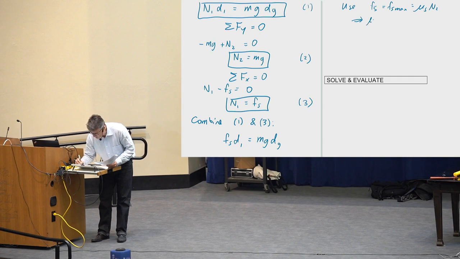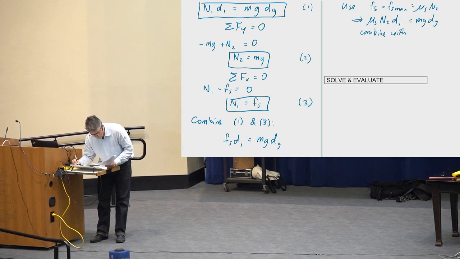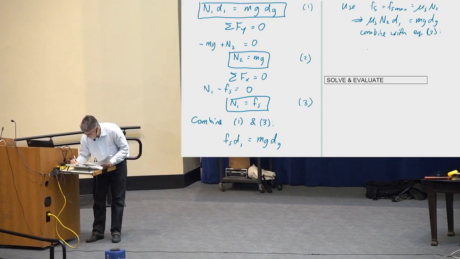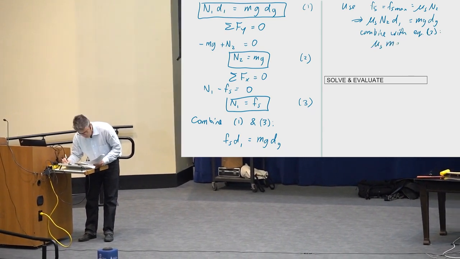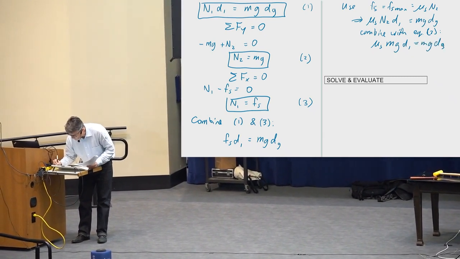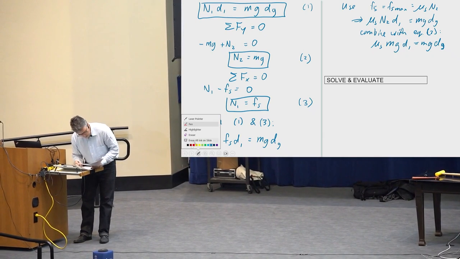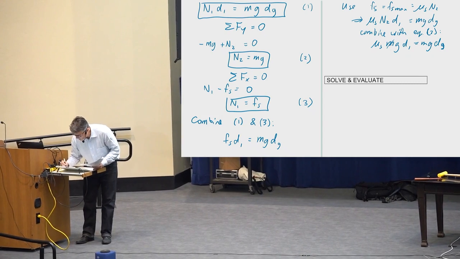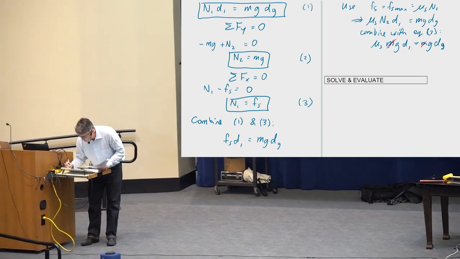That implies that mu sub s times N2 times d1 equals mg times dg. And now let's use our last equation, combine with equation 2. We got mu sub s times m times g times d1 equals m times g times dg. And now some things cancel. Divide both sides by m. Divide both sides by g.